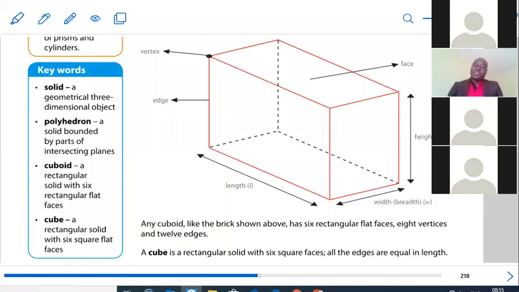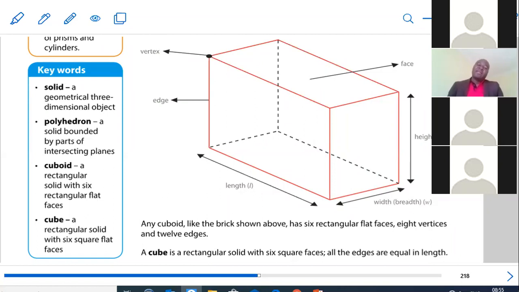This was a house, and the entire roof at the top is known as the face. And every corner where the 3 meet, in other words, where the length, the width or breadth, and the height meet, we say that corner is the vertex.